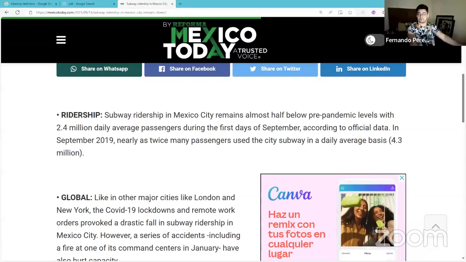Interesting. Today I rode the subway and this seems true. There were fewer people. It was 2 o'clock. So yeah, we are talking about ridership being low.